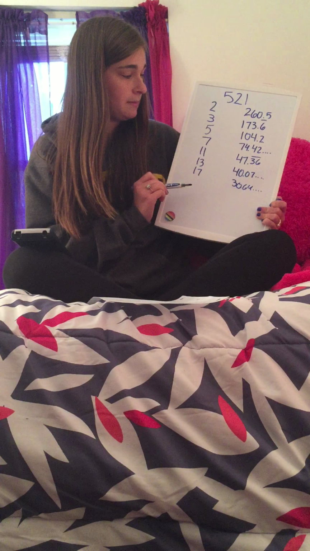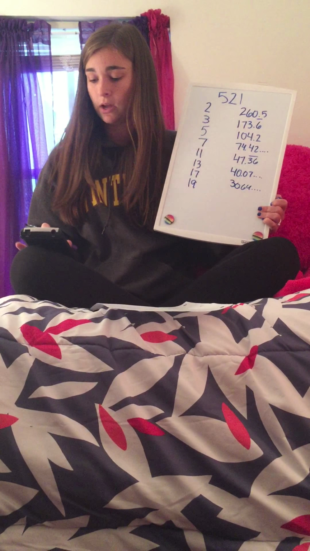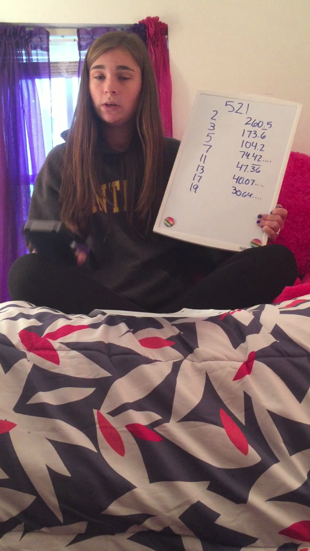Notice as these numbers are getting bigger, these numbers are getting smaller. Okay, the next number we are going to try is 19. So 521 divided by 19 equals 27.42.